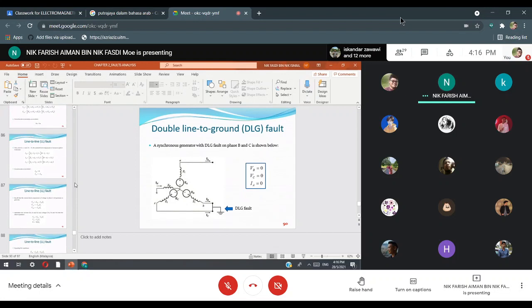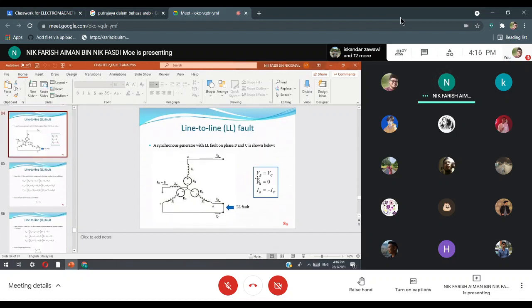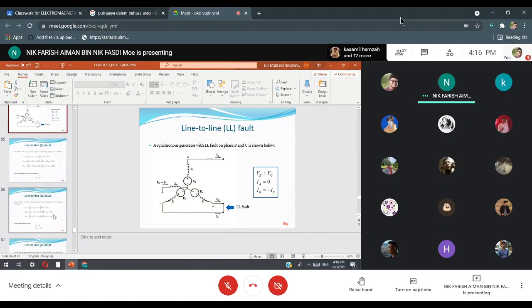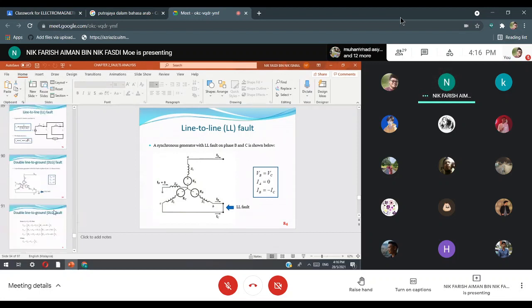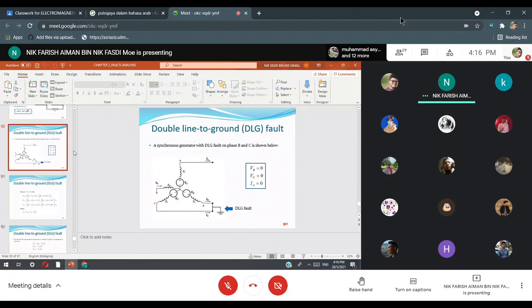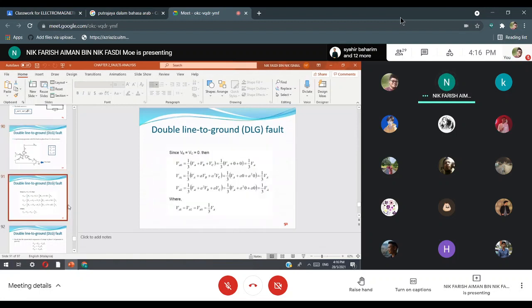For line to line, because it is not shorted with ground, VB is equivalent to VC. But in this case, for double line to ground, the voltages VB and VC are 0, and IA is also 0. So this is the relationship of the zero sequence, positive sequence, and negative sequence with the unsymmetrical, the general equation.